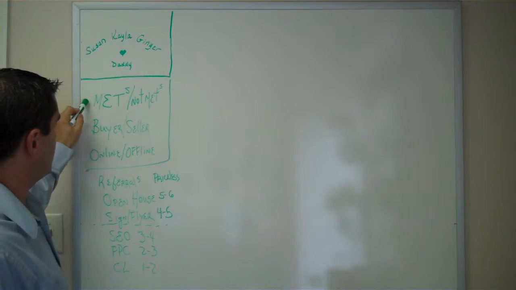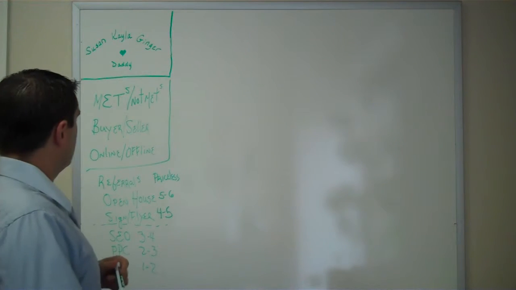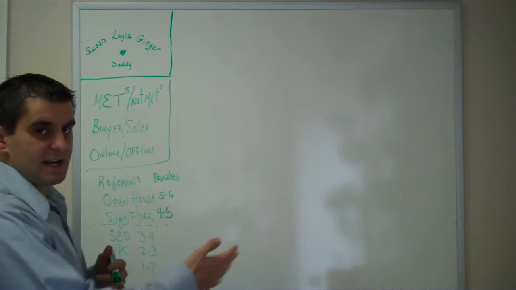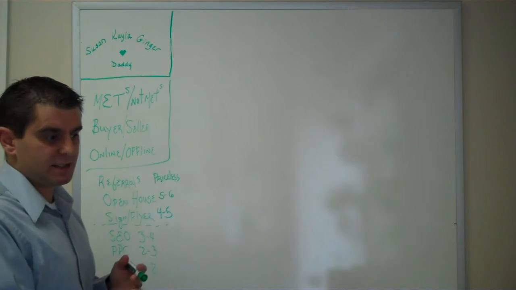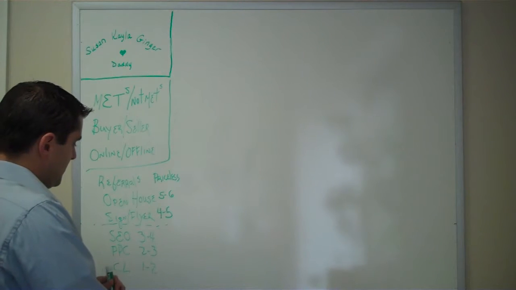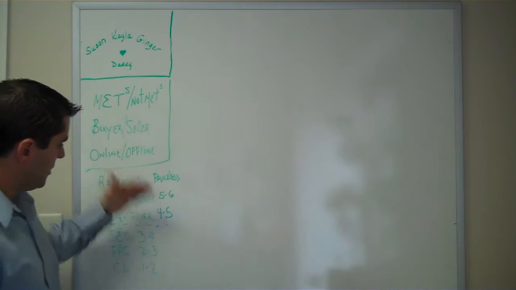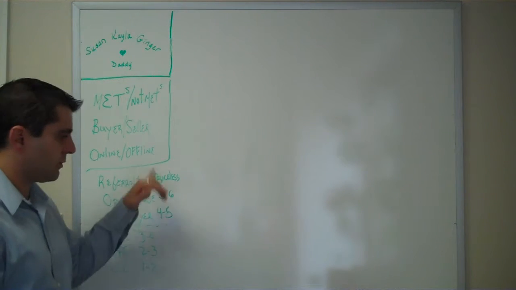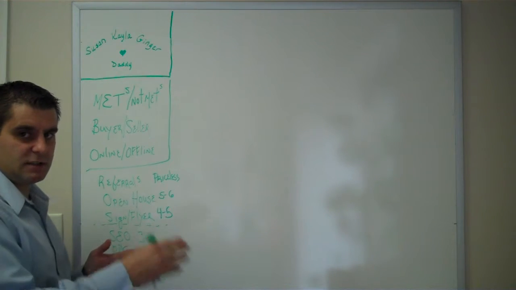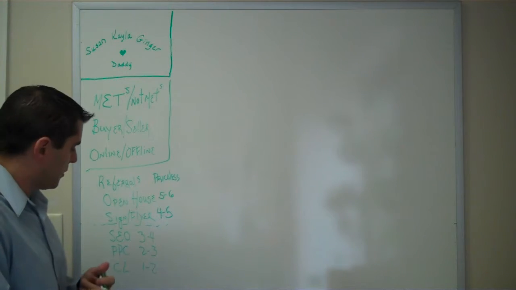So the Mets and not Mets, really the Mets is your database of past clients and contacts, not leads. Once you've contacted them, then you've met a little bit. And then also this is what Don Wenner gave me on the bare minimum conversion ratios from lead to closing. That says, if you're not hitting these, then something's wrong.